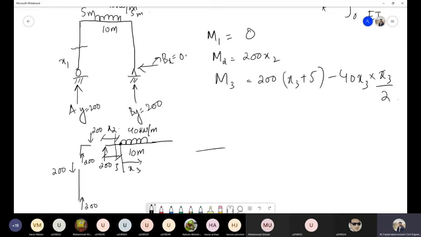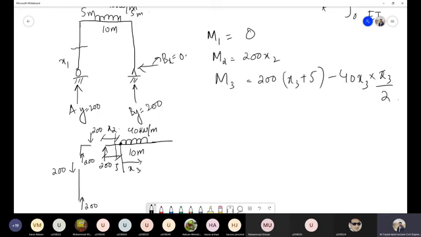For example, it will be something like 40. This distance is x3. So if I convert it into point load, it will be 40 x3 acting at the center, x3 by 2. But I am calculating the moment at this particular point, so that will be 40 x3 into x3 by 2.